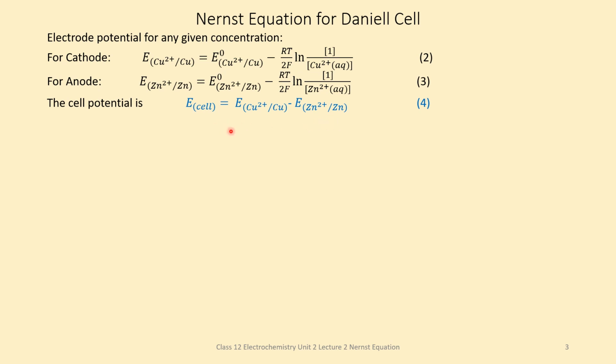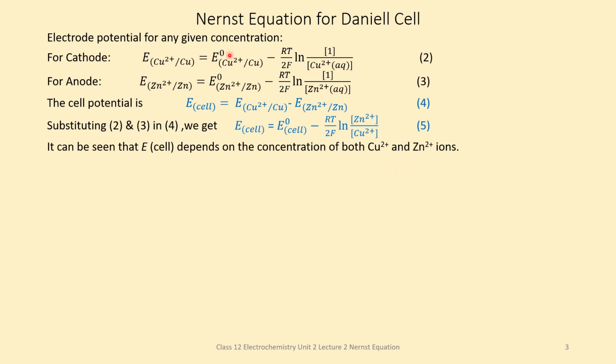This is equation 4. Summing up 2 and 3, we get this much, and further simplifying, we get E of cell is equal to E naught of cell minus RT over 2F log to base e of Zn2+ over Cu2+. Let it be equation 5.